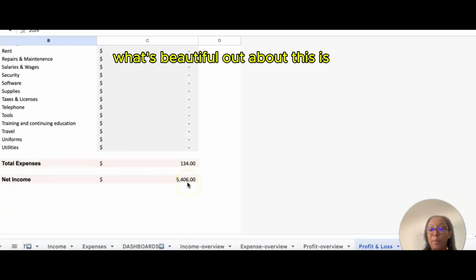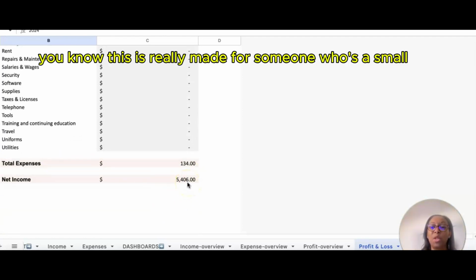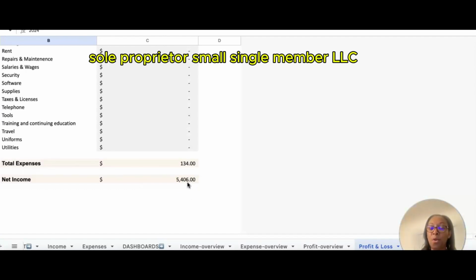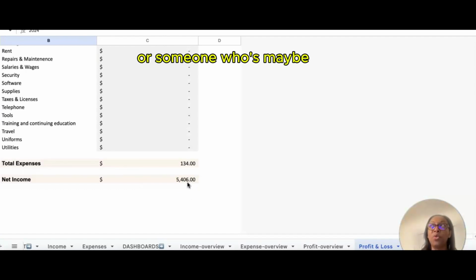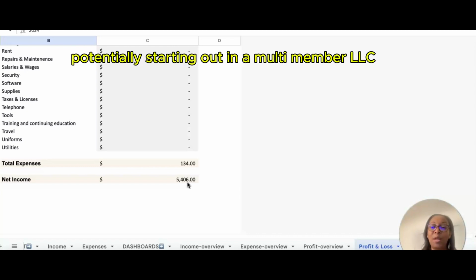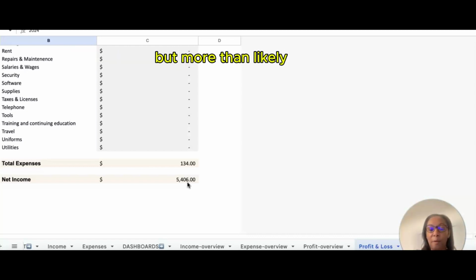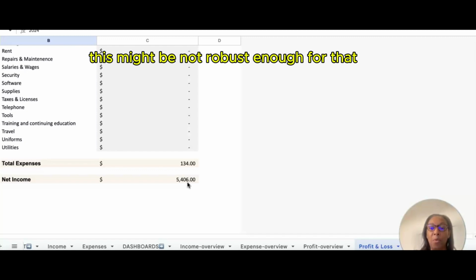And what's beautiful about this is, this is really made for someone who's a small sole proprietor, small single member LLC, or someone who's maybe potentially starting out in a multi-member LLC, but more than likely, this might be not robust enough for that.